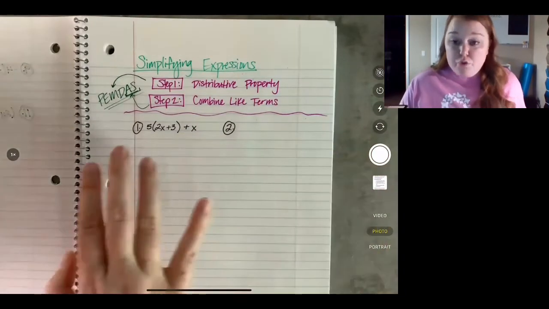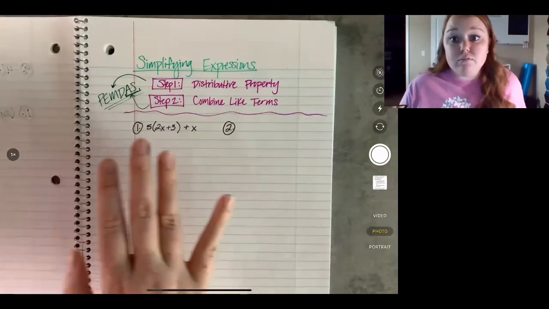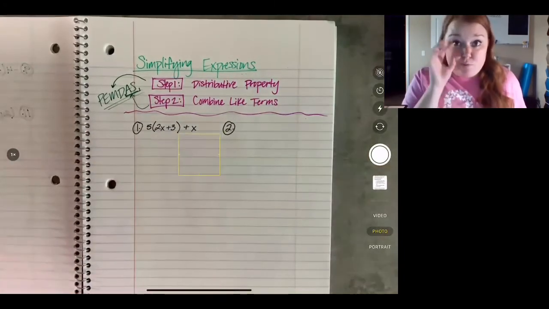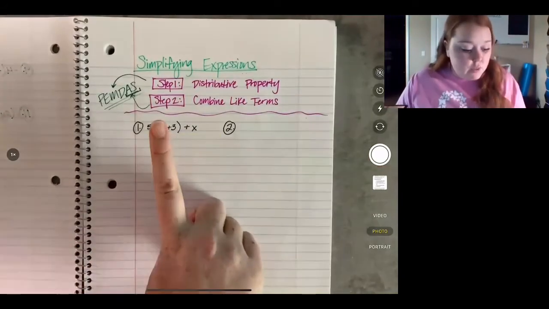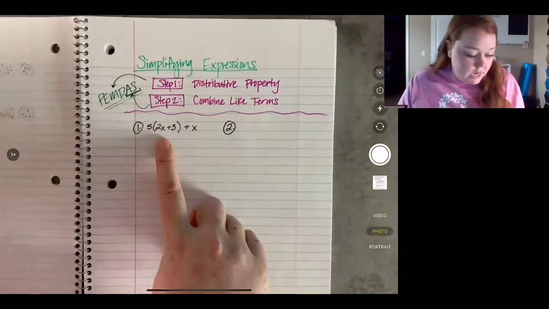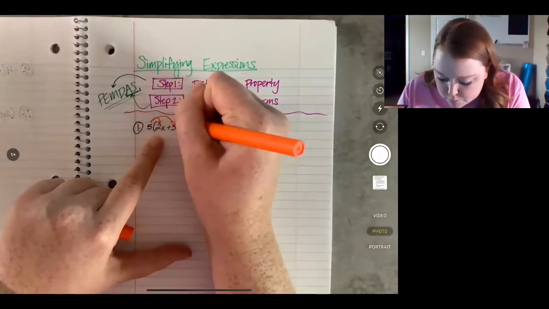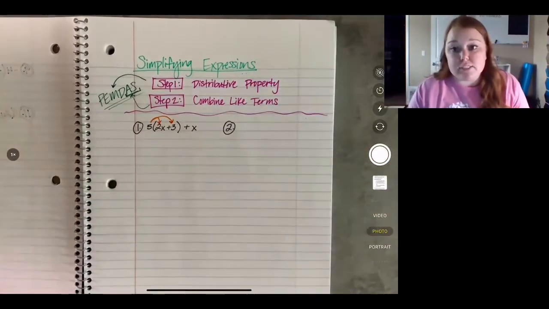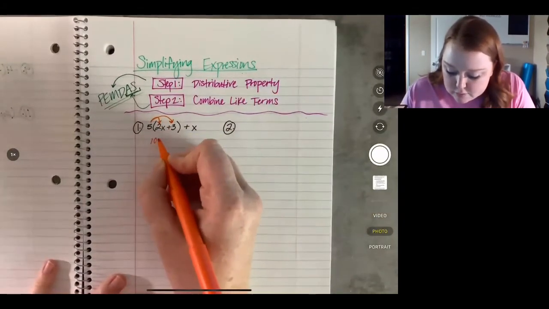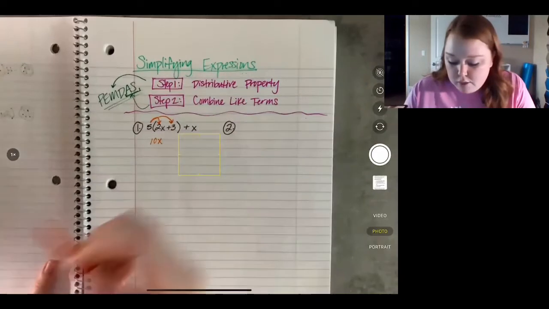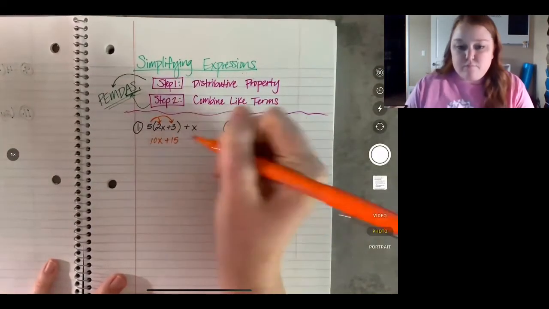Okay, do your eyes see distributive property? I hope so. Distributive property is when there's a number right in front of parentheses. That's happening right here. So that's going to be the first thing I take care of. So this 5 is going to get multiplied to both terms on the inside. 5 times 2x is 10x. 5 times positive 3 is positive 15.